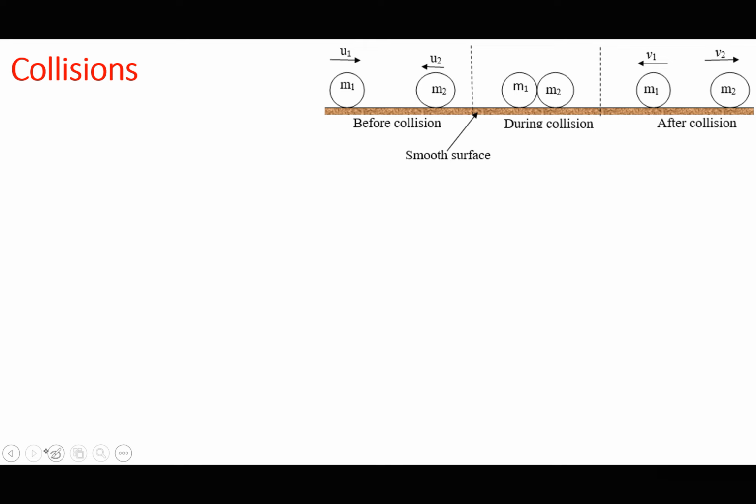So a collision is in one plane, not in more than one plane. Let's consider two masses, m1 and m2, moving towards each other with velocities u1 and u2 respectively. So before collision, they are moving towards each other.